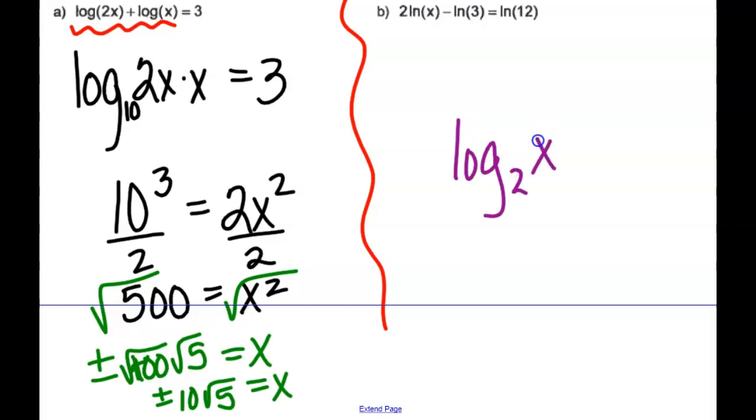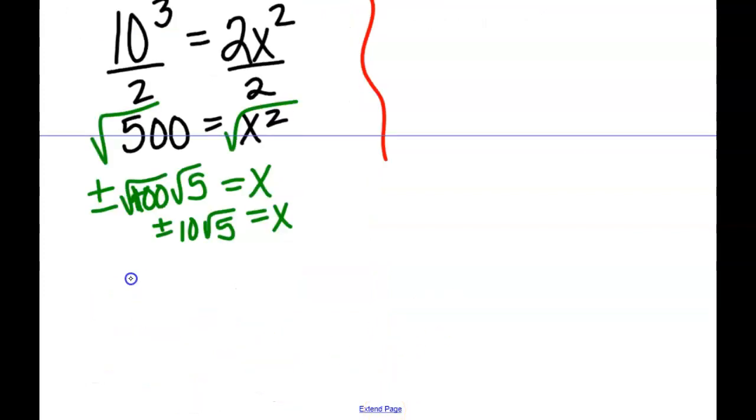If it said this, can I put a negative number in there and take it to the 4th power and it'll become positive, etc.? So just because you get a negative at the end doesn't mean you have to throw it away. You might have to check, okay? Don't always throw your negatives away. And sometimes you have to throw positives away because of what it says. This one, you have to throw it away. So it's 10 square roots of 5 is the only answer that works.